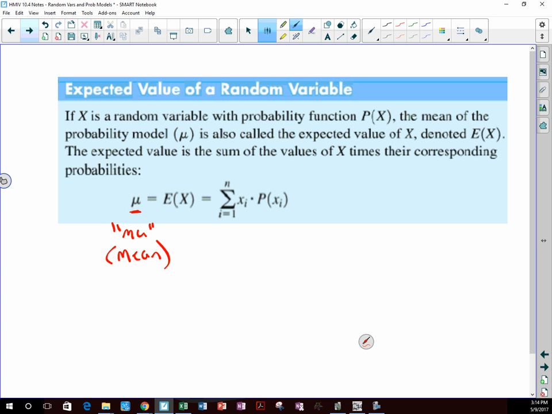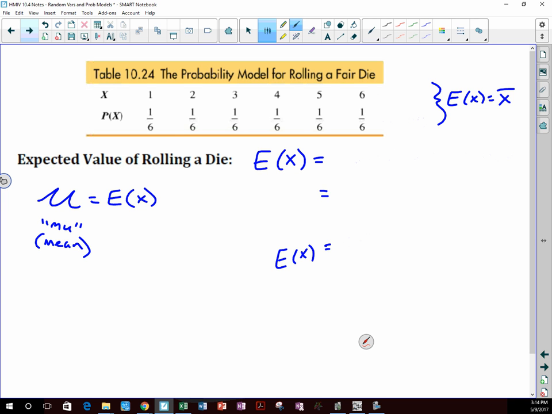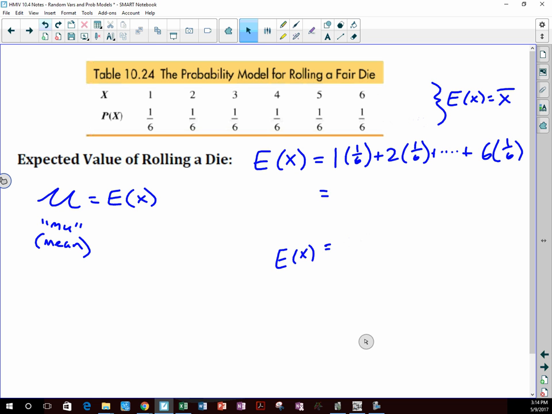So the expected value for our rolling of a die, you can put this right under that probability model that we were looking at before. Expected value for the rolling of a die, or E of X, is going to be found by taking each of those outcomes and multiplying it by the probability that it occurs. So for each of them, it's 1/6. So we're going to take 1 times 1/6 plus 2 times 1/6 plus 3 times 1/6, and so on until you get to 6 times 1/6.